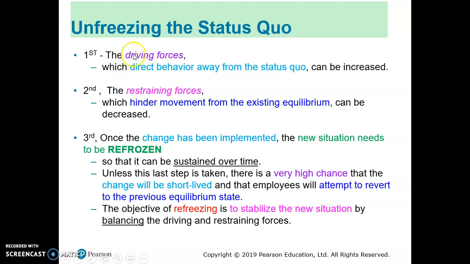However, even though the driving force is high, sometimes your restraining force to change is also high. Restraining force can hinder movement from the existing equilibrium.